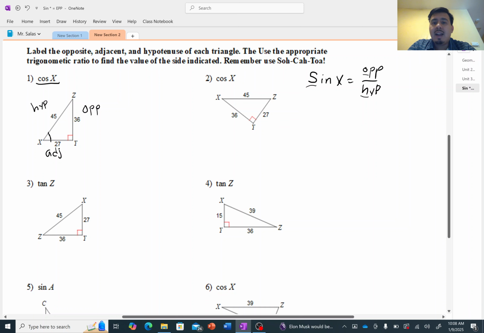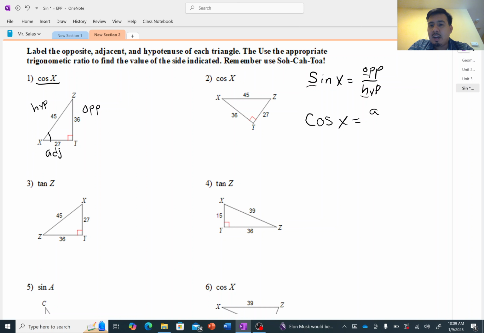And the CAH, not KEMA KA, I know some of you want to say that, but we're talking about CAH, right? So that's cosine of x. Okay? So that'd be adjacent over hypotenuse. So that's where we get the CAH from. So cosine is adjacent over hypotenuse.